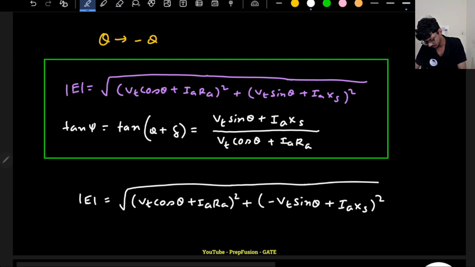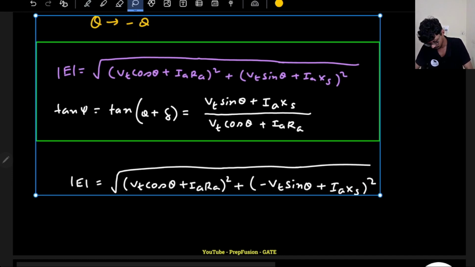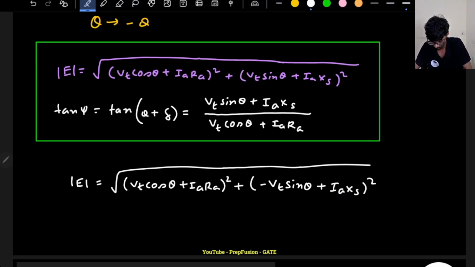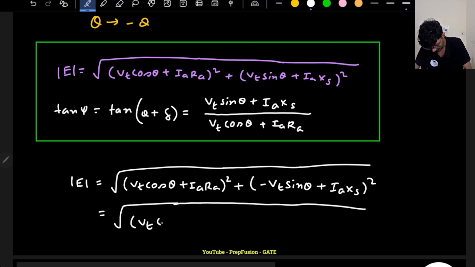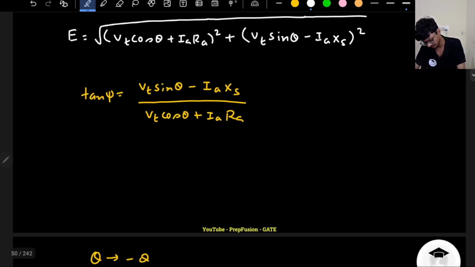This can be rewritten as Vt cos theta plus Ia Ra whole square plus Vt sin theta minus Ia Xs, which is already what we derived here. Same thing, we derived it here.